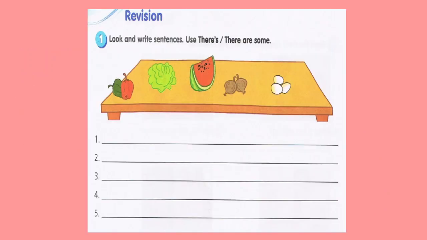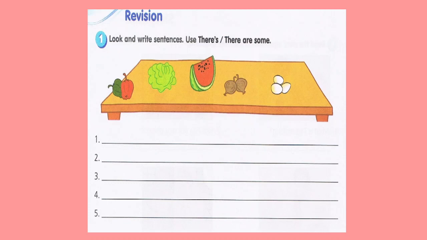Okay, let's start with the first exercise. Look and write sentences. Use there's or there are some. So I have previously taught about the usage of the word there's and the phrase there are some.